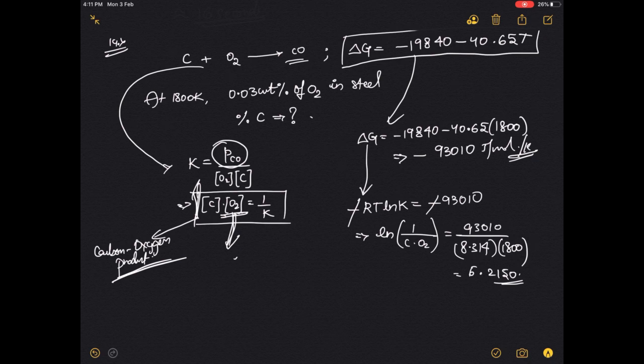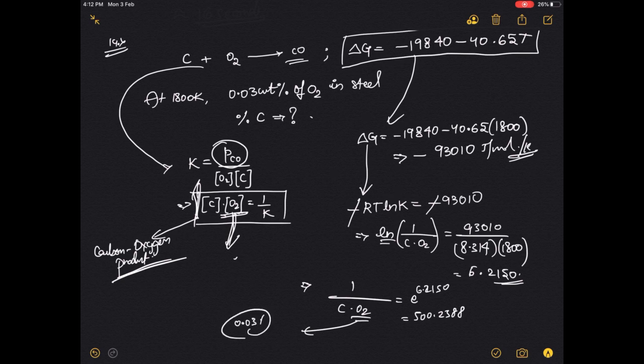This comes out to be somewhere around 6.2150. Putting in these values, C into O2 will be equal to e power 6.2150, which is equal to 500.2388. We know oxygen is given as 0.03 percentage.